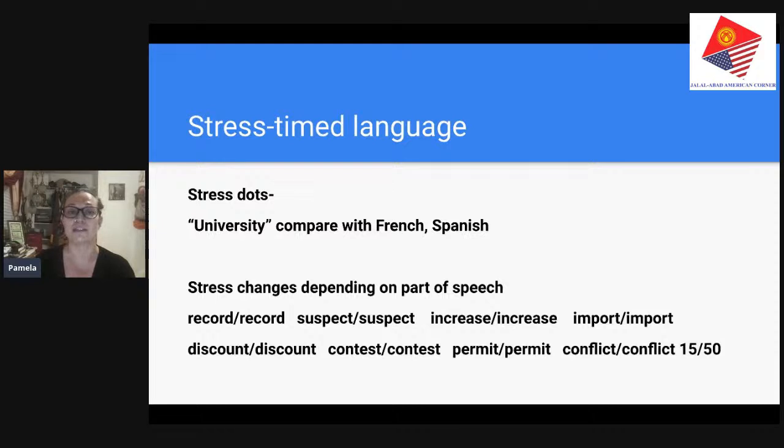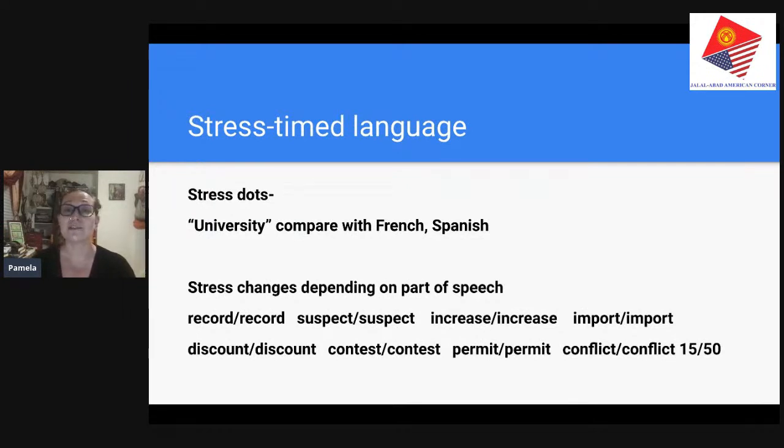Spanish is universidad, universidad. If you can hear, it's the same amount of time on each syllable. In French, université. In these languages, those are just two examples, it's more evenly spaced.